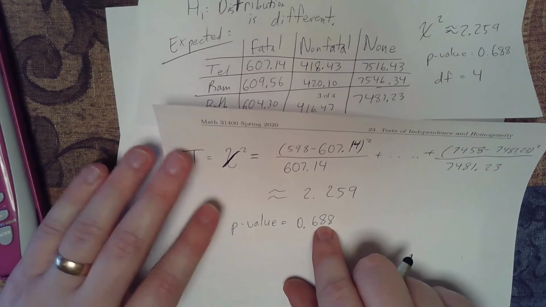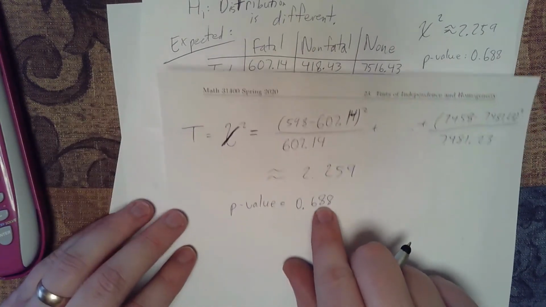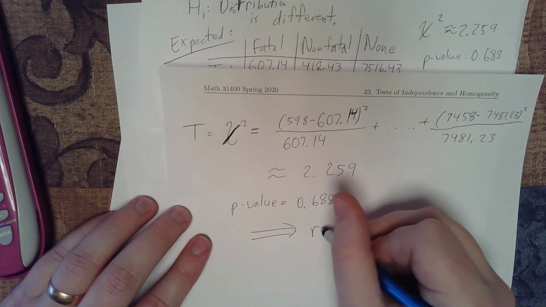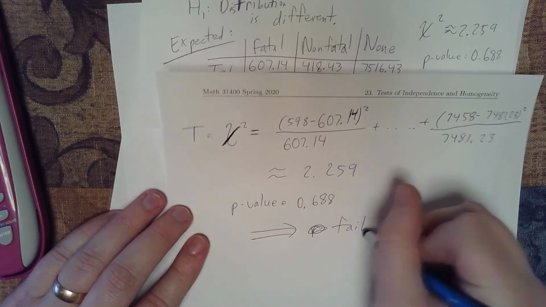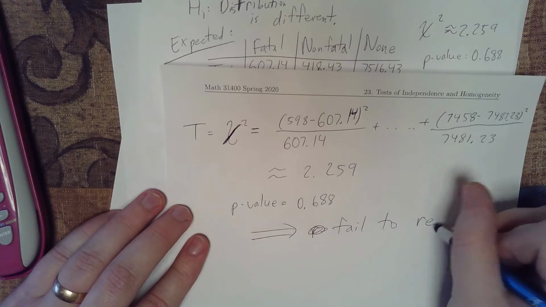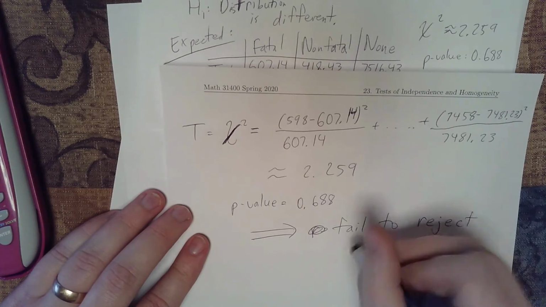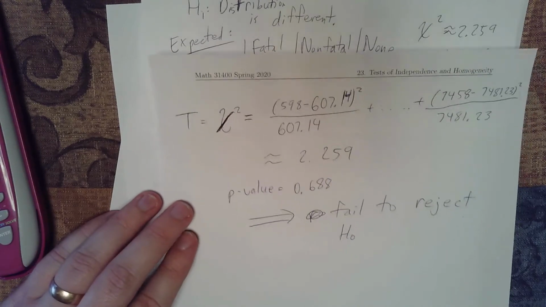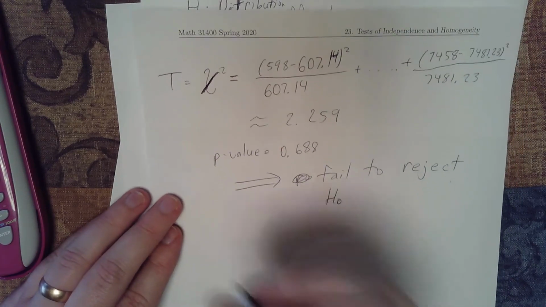So because this is way larger than our value for alpha, what this tells us is that we will fail to reject H naught. What does that tell us in non-mathy terms?